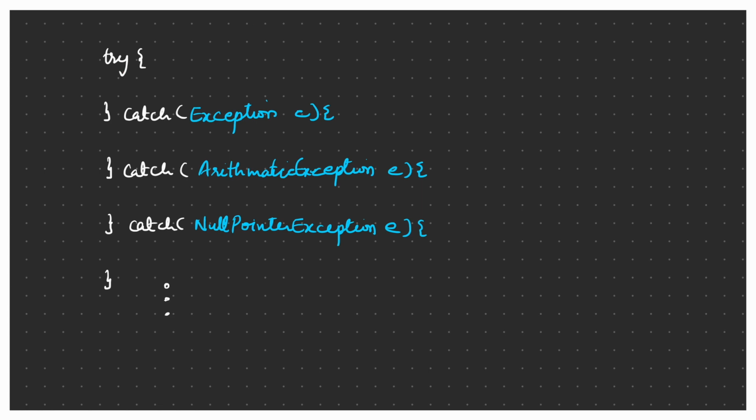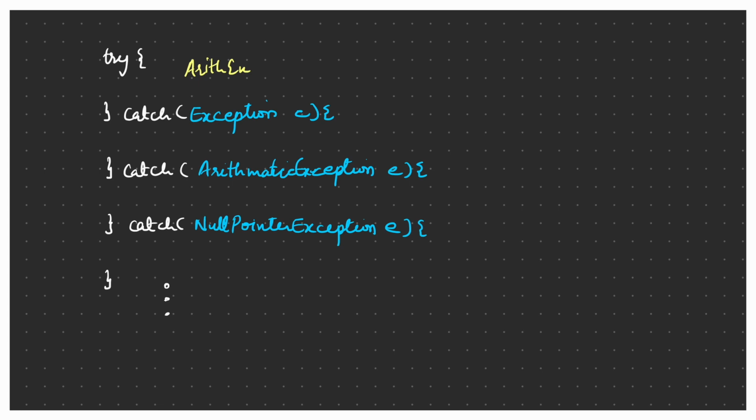Let's say it throws ArithmeticException. The control will move to the first catch block, because the Exception class is a parent of the ArithmeticException class. That means this catch block can handle it, so the arithmetic exception will be handled by this catch block.